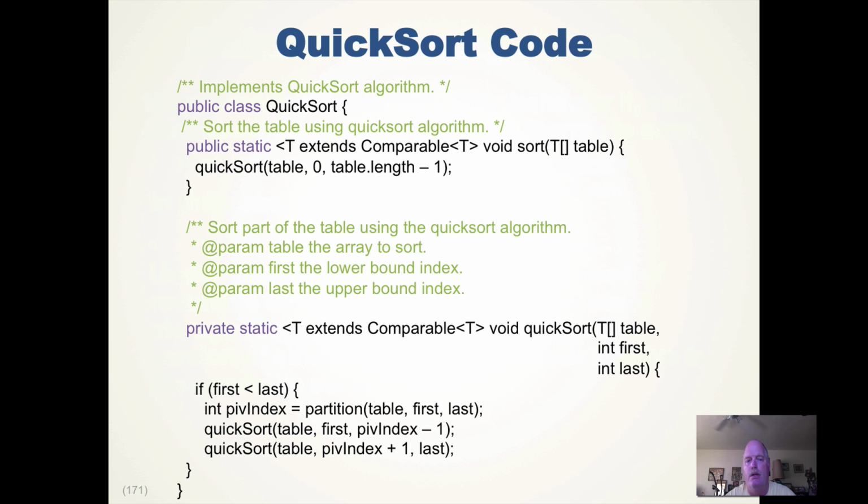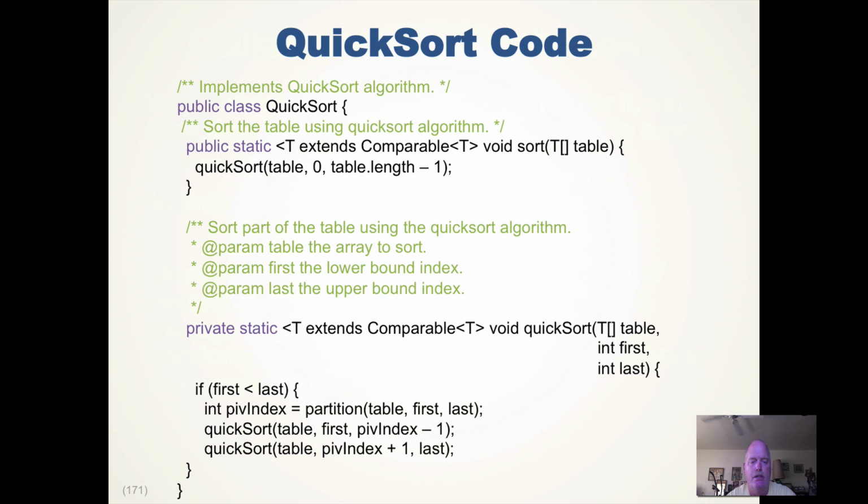So here's the QuickSort code. Since we're using recursion, we need to have a recursive helper method that provides the first and the last. So we're going to run this recursive method, given table, and 0 and the length minus 1.